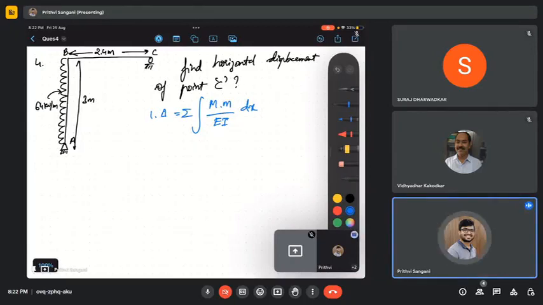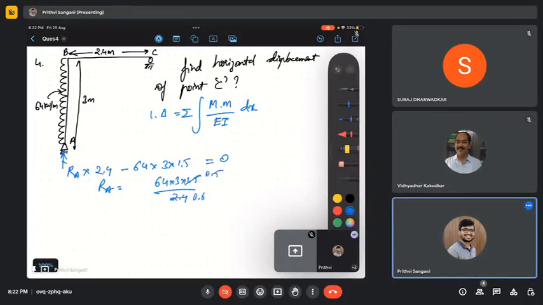First, let us find the support reactions. Taking the moment at C as 0: Ra times 2.4 minus 64 times 3 times 1.5 equals 0. So Ra is 64 times 3 times 1.5 divided by 2.4, which is 240, 150, is it 112.5 kilonewtons.